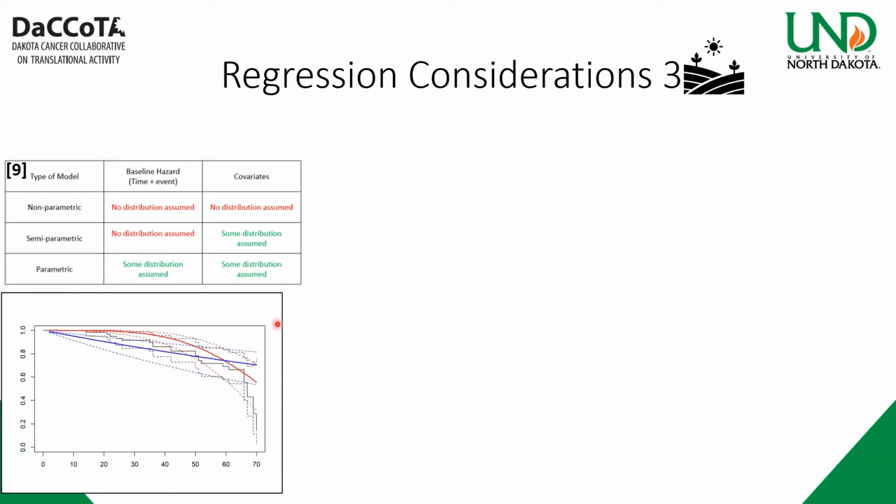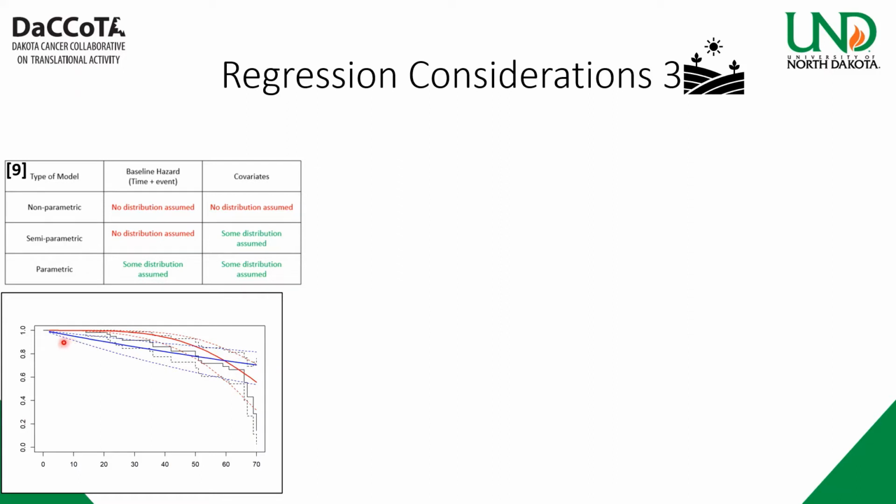So here is another example of parametric and non-parametric models at the same time. Again, those step-like things are the Kaplan-Meier with its confidence intervals, and then there are two different parametric distributions.